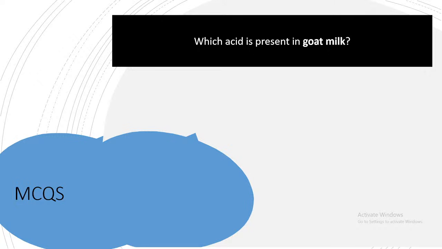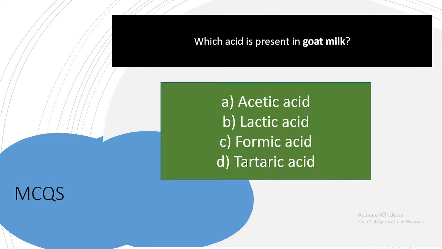Next question: which acid is present in goat milk? The options are acetic acid, lactic acid, formic acid, tartaric acid.